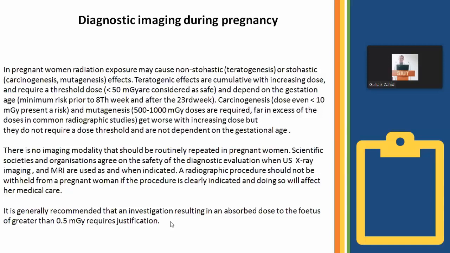Teratogenic effects are cumulative with increasing dose and require a threshold dose; less than 50 milligray is considered safe, and depends on the gestational age, with minimum risk prior to the 8th week and after the 23rd week. For carcinogenesis, a dose even less than 10 milligray presents a risk, and for mutagenesis, 500 to 1000 milligray doses are required, far in excess of the doses in common radiographic studies.